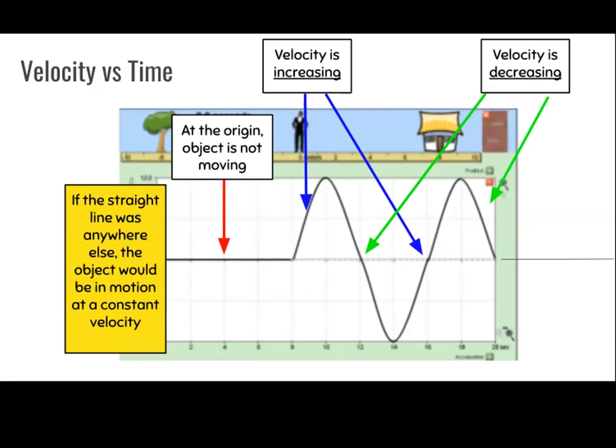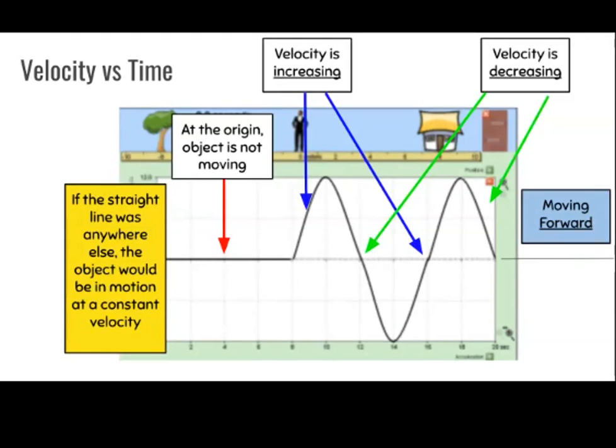Because when it comes to velocity versus time, the way we know something's going forward or backward is where it is on the graph. So if it's above the origin, that means this object is moving forward. So this moving man here was going faster moving forward and then slowed down moving forward.